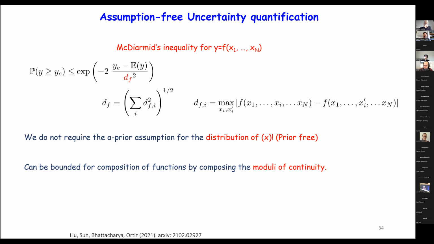What really matters is the so-called diameter parameter, which quantifies the maximum change of the response you can get by changing the parameters. To that end, this approach doesn't really care if it's one-to-one or many-to-one. As long as we can evaluate these diameters, we can provide this bound. Okay, thank you.